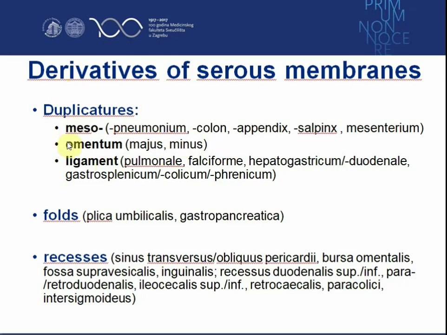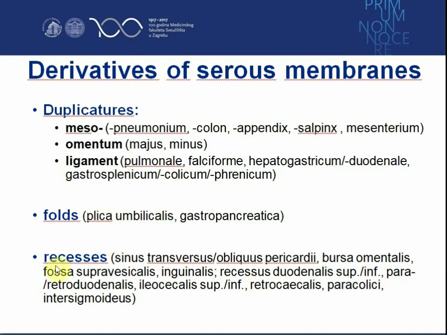And in addition to duplicatures, there are also folds or elevations appearing in places where the serous membrane covers the blood vessels or the nerves or connective tissue bundles, which are most often obliterated embryonic structures, such as, for instance, in the umbilical folds.